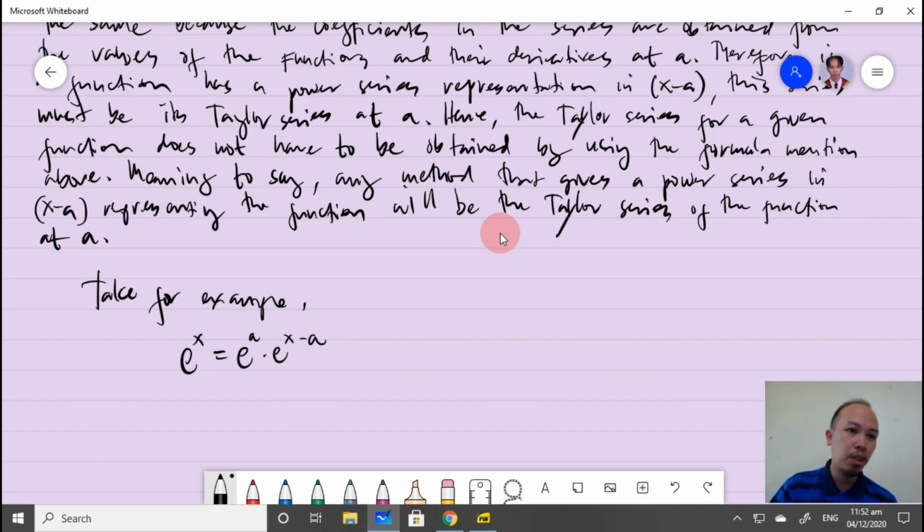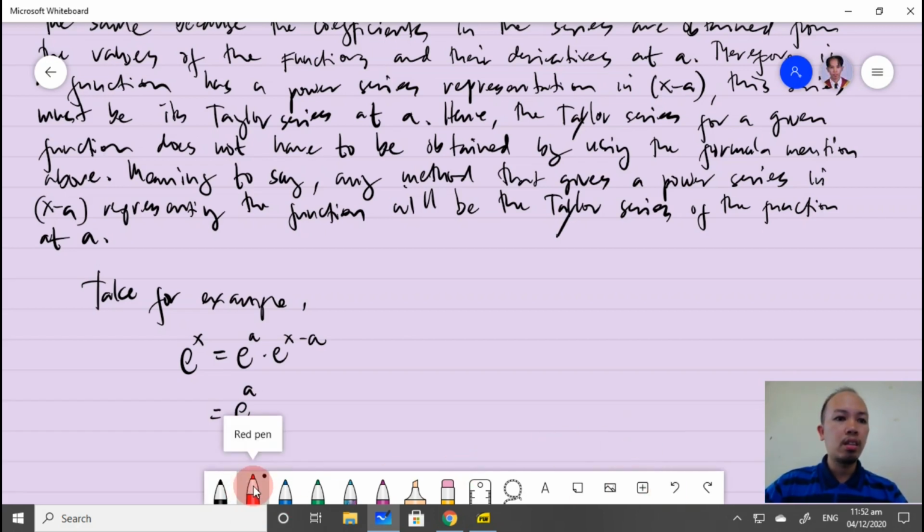We know that they are equal. But then this e to the a is a constant, and we can use the previous example.